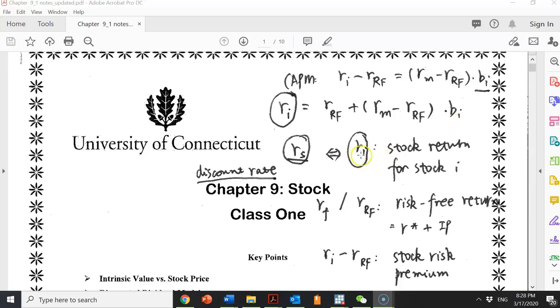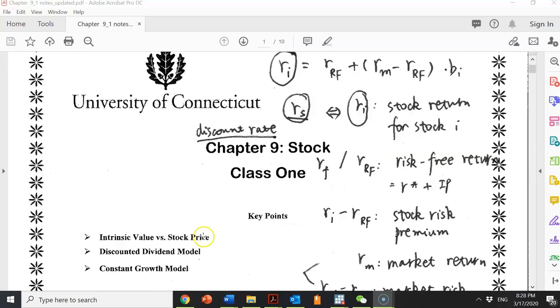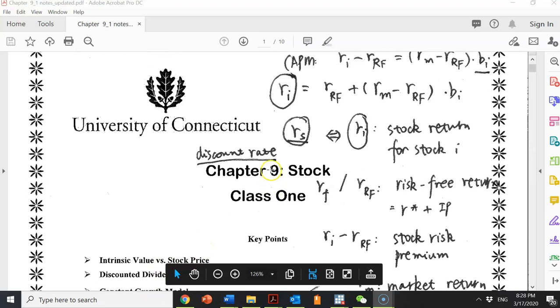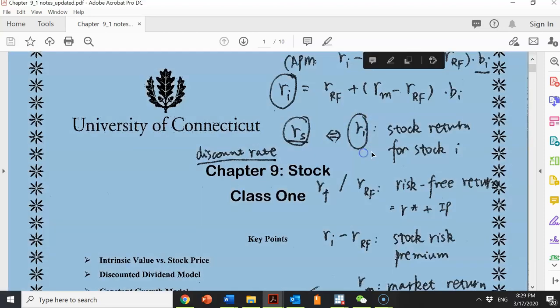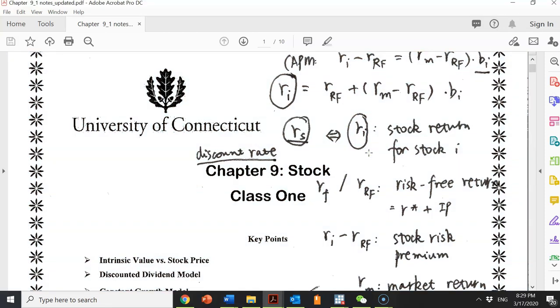So this RI, stock return, is gonna be used in our discounted dividend model as the discount rate RS. So this RI, stock return for stock i in our CAPM, is the same thing as the RS, the discount rate we use to discount dividends in the discounted dividend model.